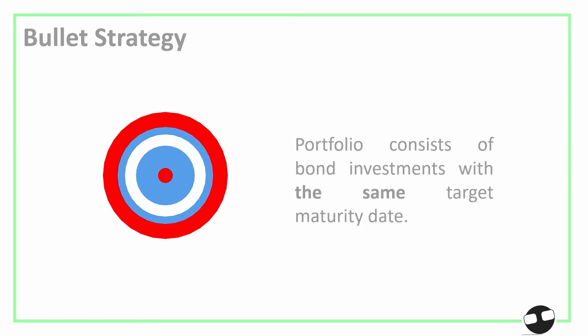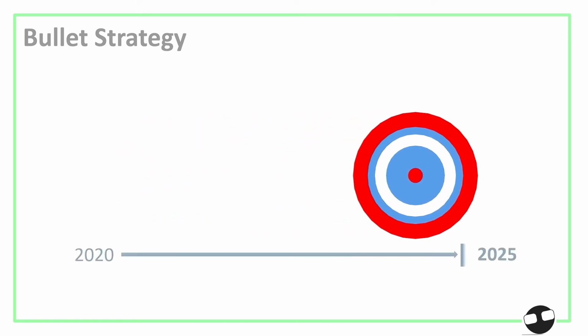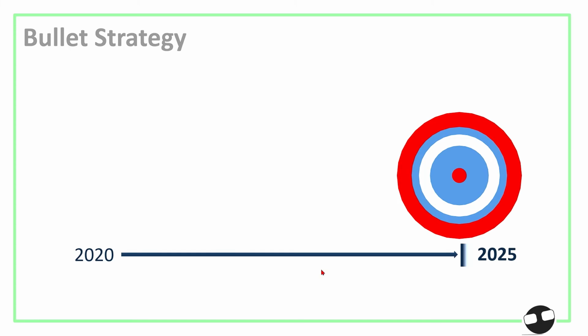Now, yung second strategy natin sa bonds is what we call the bullet strategy. Now here, the portfolio consists of bond investments with the same target maturity date. Now, let's say yung 2025 is a very significant year for you. Let's say you would want to have your grand wedding or buy your first car, or let's say your first house.